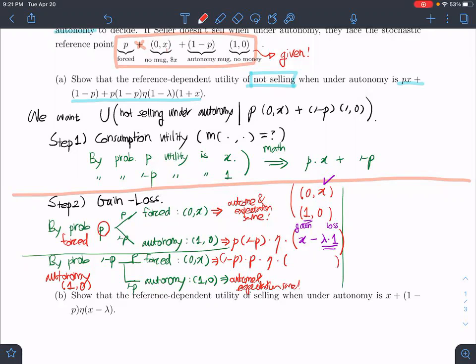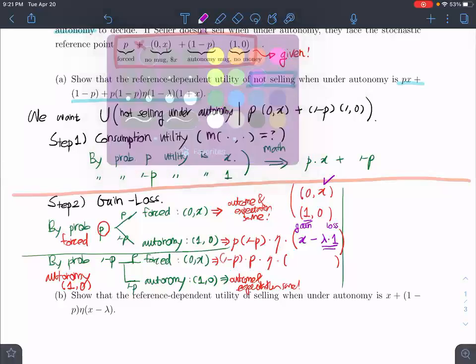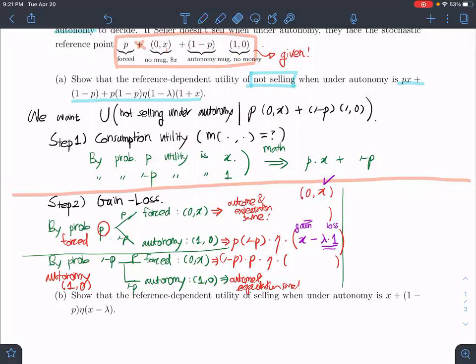Now let's see what we have here. Let me erase this to make it cleaner. So one is the actual outcome, that what I have. And then in here, 0, x is my reference point. So compared to my reference point, I gained 1 mug.